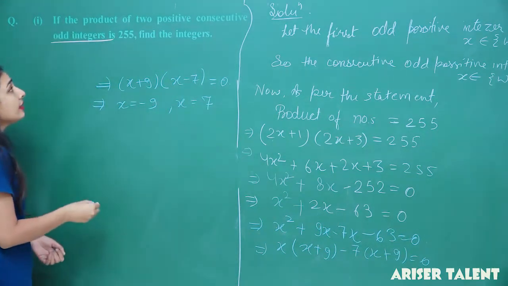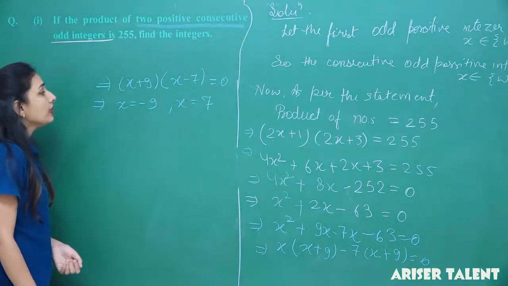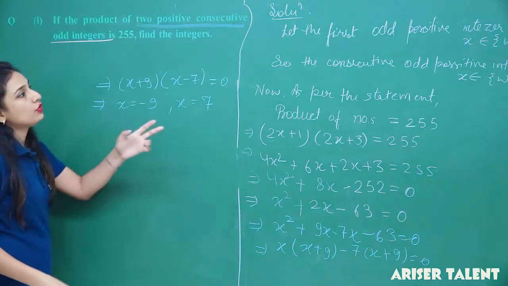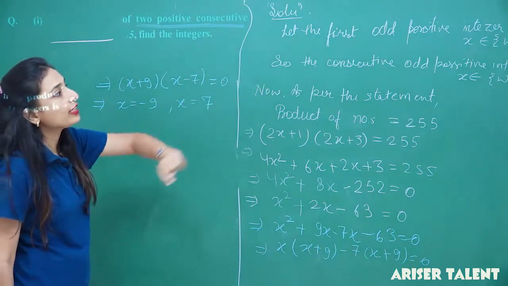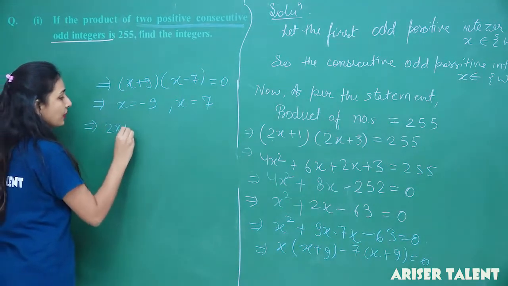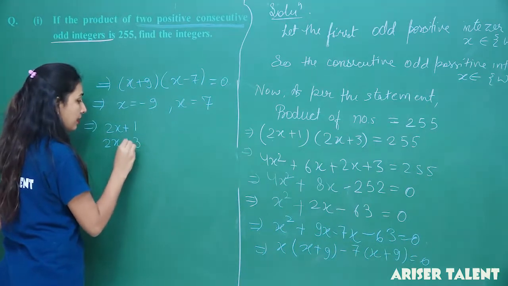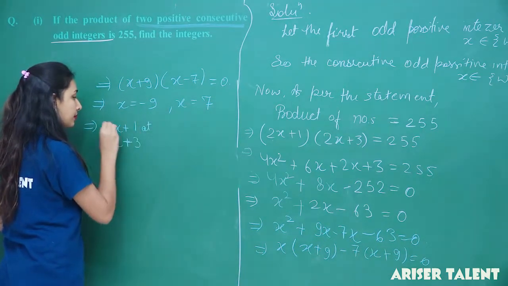Now understand this question: it has asked about two positive consecutive numbers, and the numbers were 2x plus 1 and 2x plus 3.